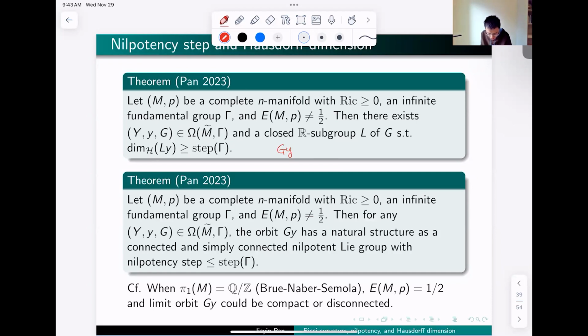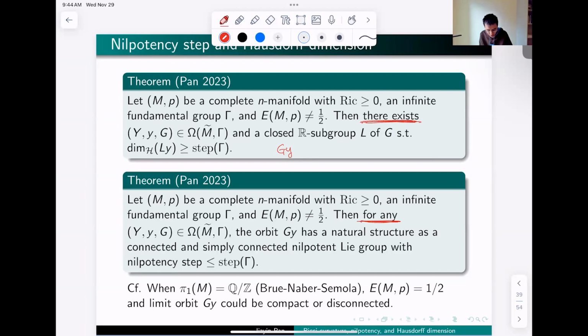Then for any, so this holds for all, right? Here it is, there exists one. So for all equivariant asymptotic cones, the orbit has a natural structure as a connected and simply connected nilpotent group, and its step cannot exceed the step of your fundamental group to start with.